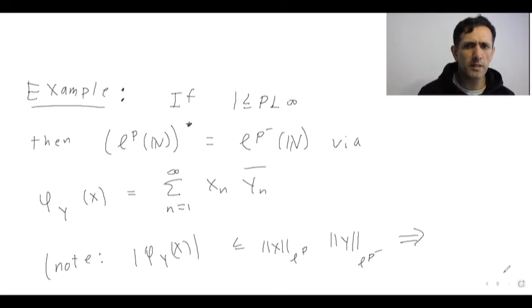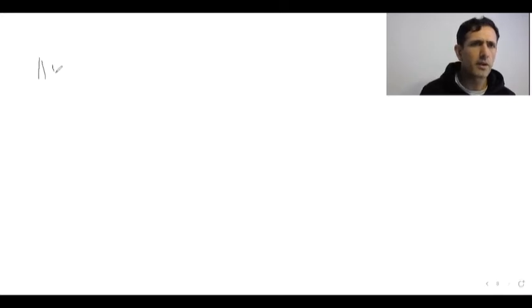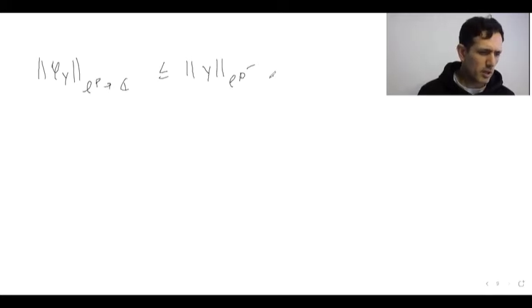So that implies in particular that this is linear and bounded, and the norm of phi y is less than or equal to the lp prime norm of y.